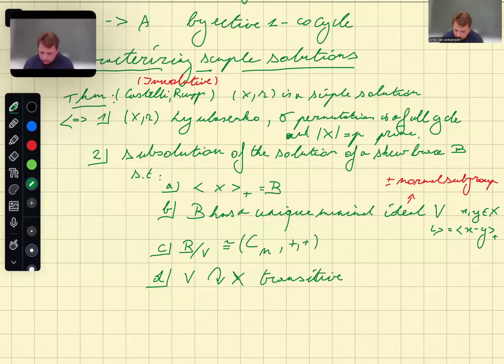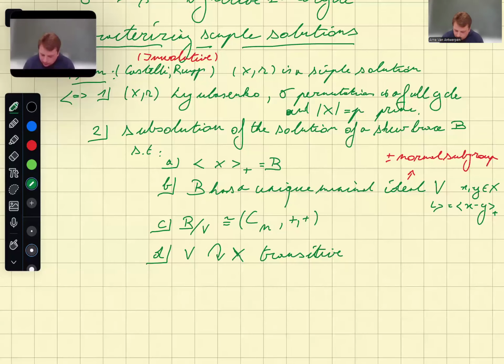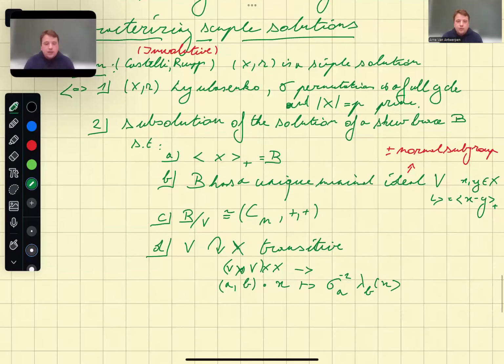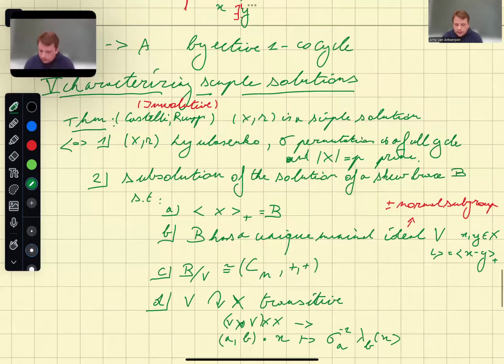So what we mean here is that you have to consider an action of V times V in some way, in a semi-direct product, where you act on X. So an element, let's say (a, b) here, acts on an element x by sending that to sigma_a inverse lambda_b of x, where the sigma corresponds to the sigma we defined when we looked at the square of the solution.